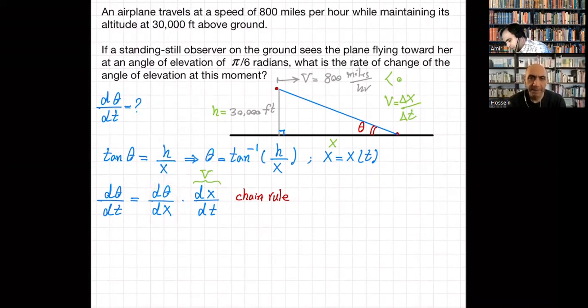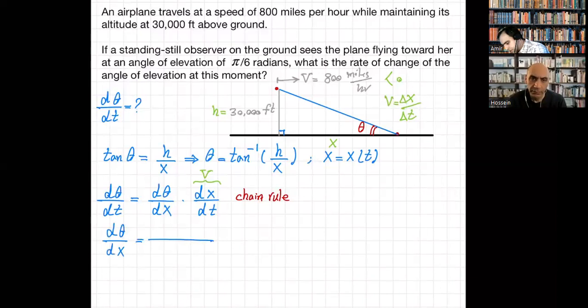So I need to take a derivative of, you already know the relationship between theta and x, then it's easy to find. So d theta over dx is equal to, we already know the derivative of arctangent of an angle.